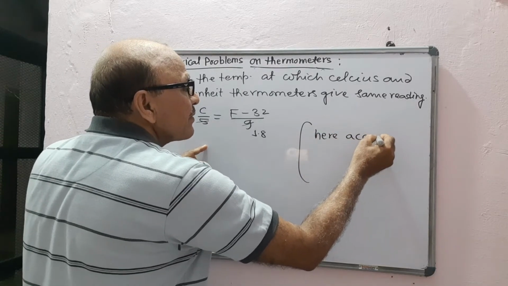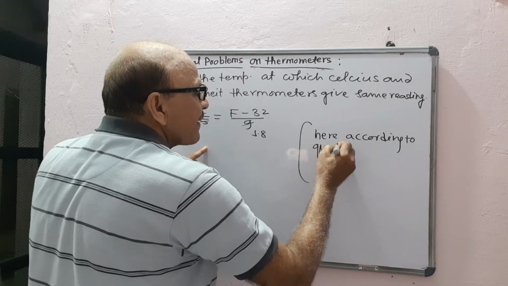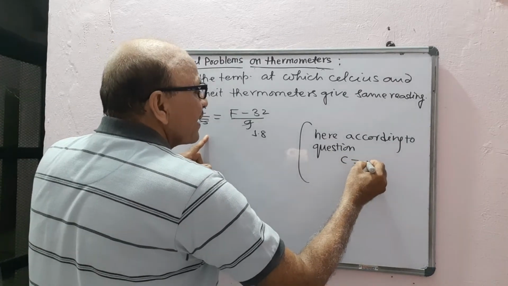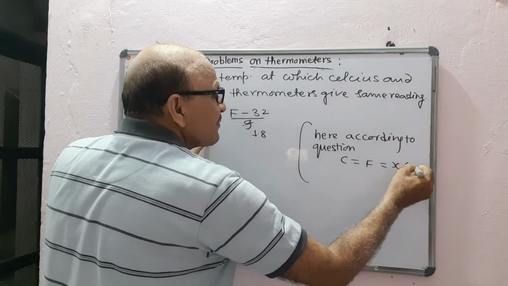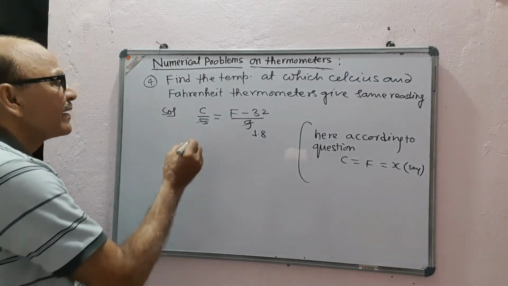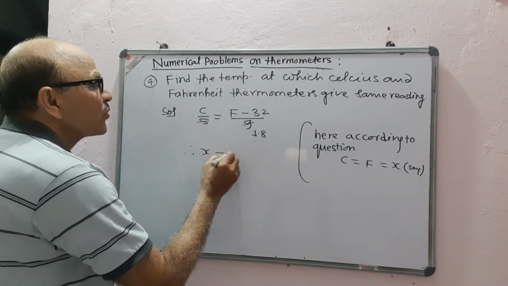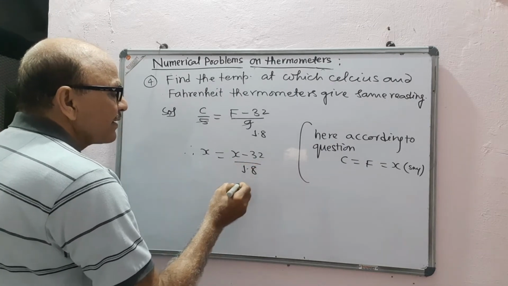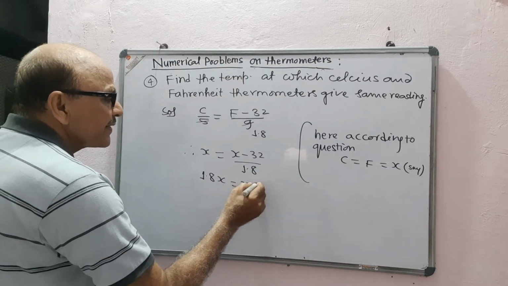According to the question, C is equal to F. Suppose you take both equal to X, then you can write X is equal to X minus 32 upon 1.8, or 1.8X will be X minus 32.